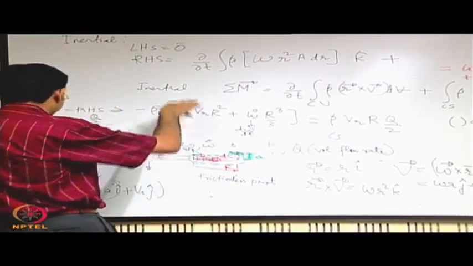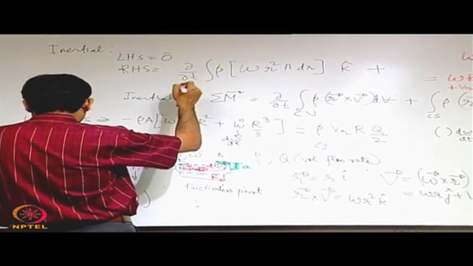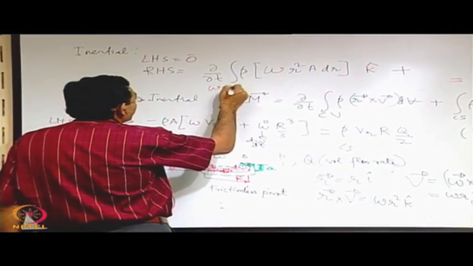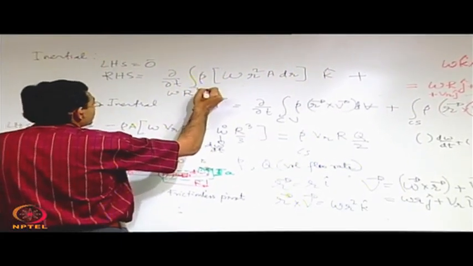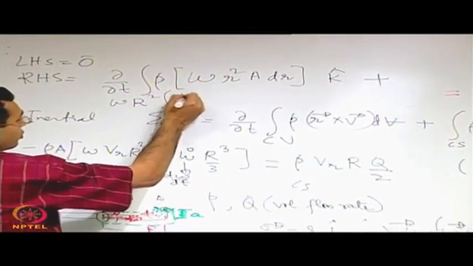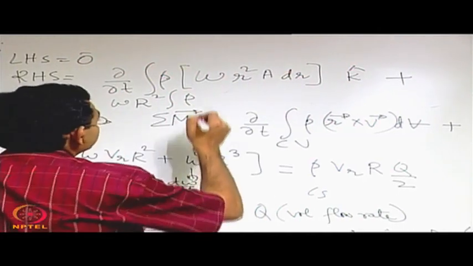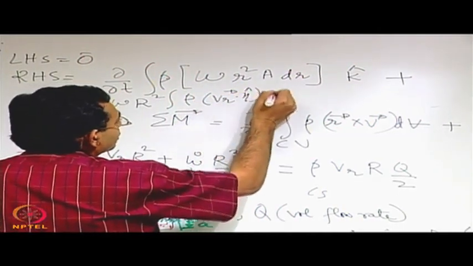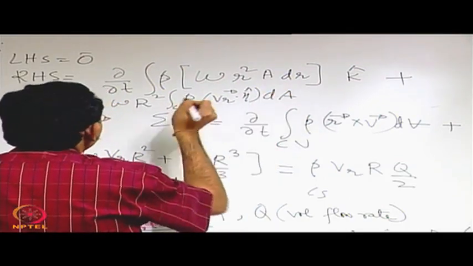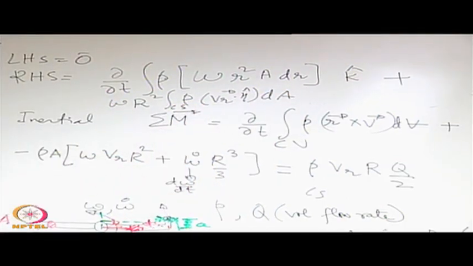So, the next term is omega r square, then integral of rho Vr dot eta dA over the control surface with a k cap.